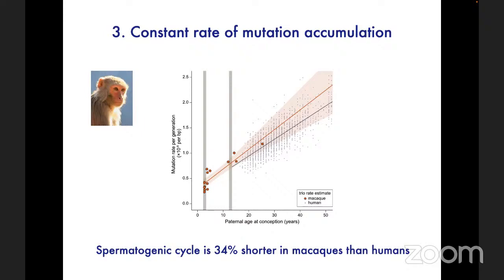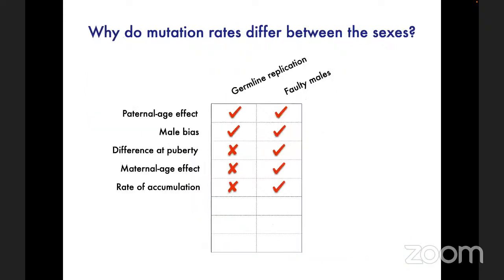So if it's this mitotic cycle determining things, we expect that slope to be steeper in the macaques because they're cycling through those mitoses at a much faster rate. So the rate of accumulation of mutations is certainly much more consistent with the female hypothesis.